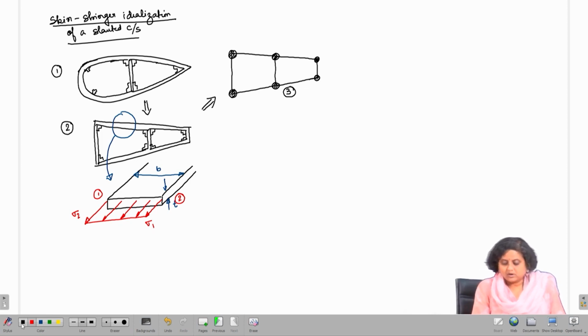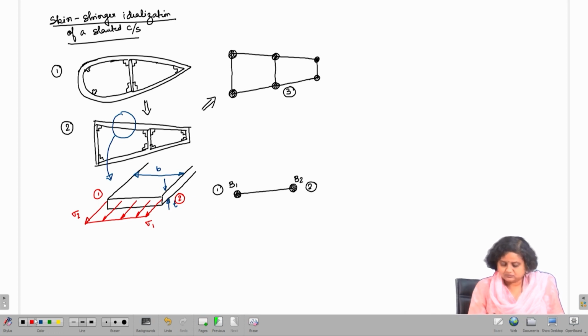Now, if I want to idealize this cross section, this portion is going to be replaced by a thickness-less skin and two booms B1 and B2. So, we will have B1 and we will have B2. This let us call point 1, this let us call point 2.